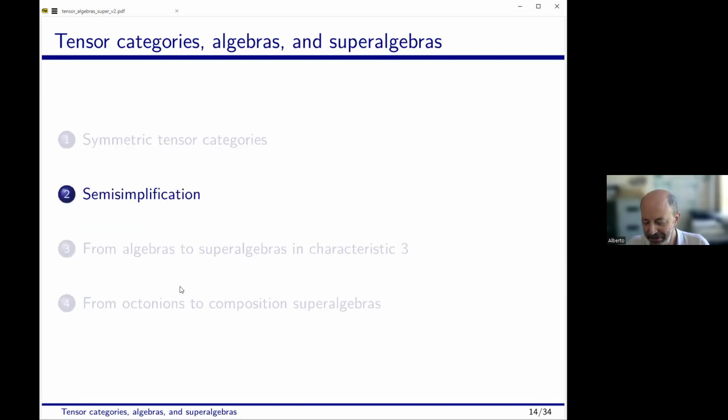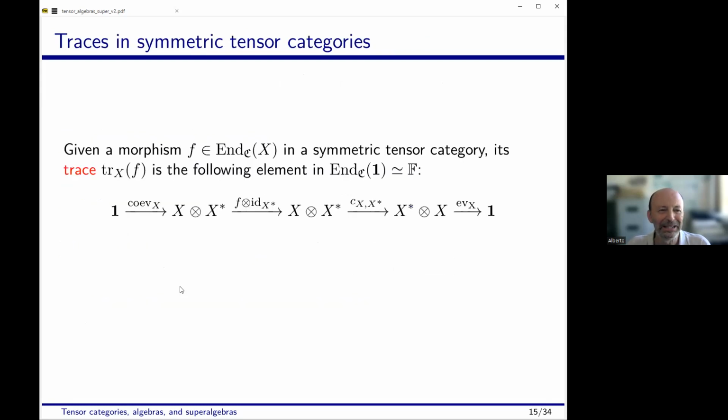Okay, the semi-simplification. This is the interesting trick that will allow us to pass from algebras to superalgebras. Well, in symmetric tensor categories, we can talk about traces. If we have an endomorphism of an object X, then in order to define the trace, we consider this composition.